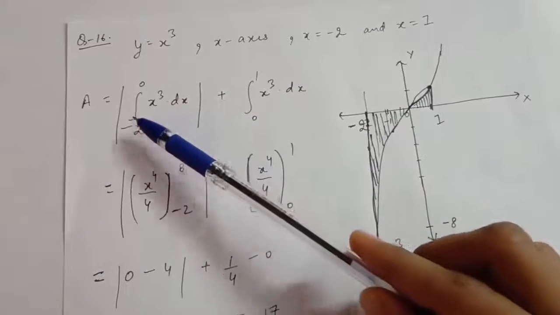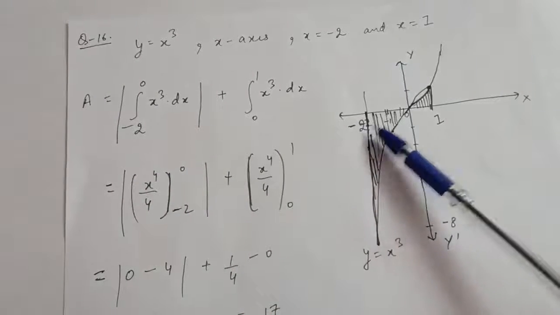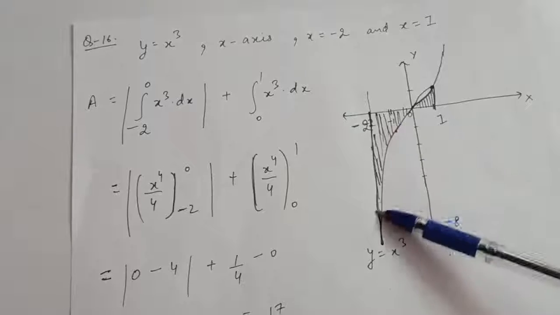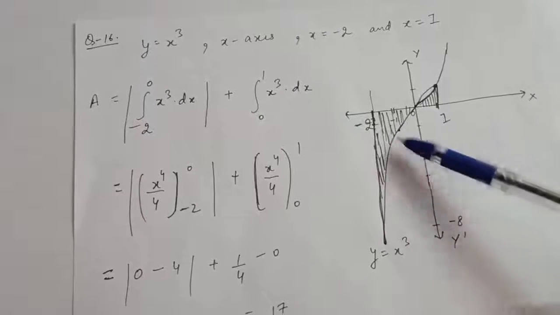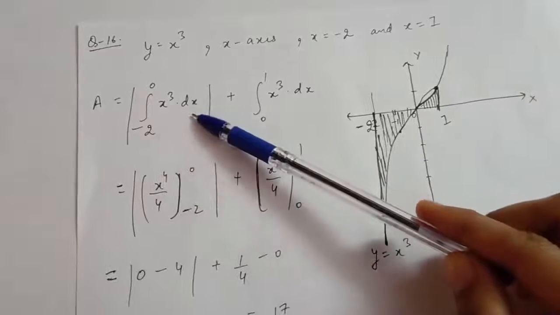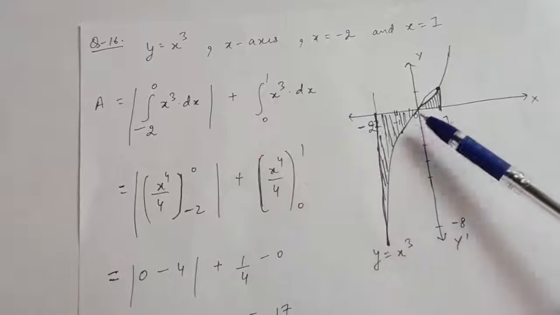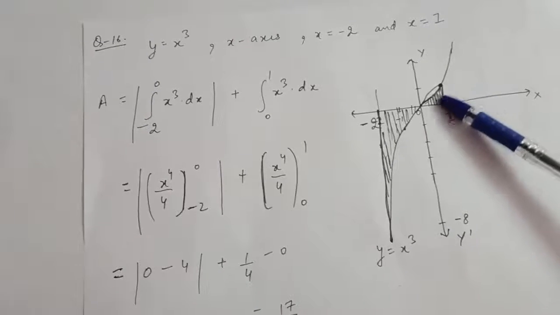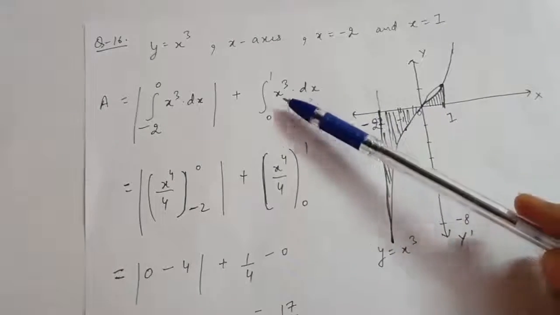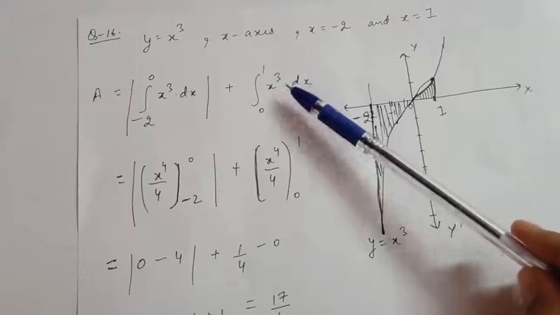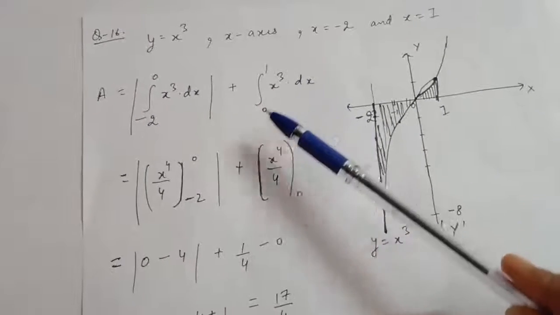Now integral from the limits -2 to 0, the region lies below the curve y is equal to x cube. So write down x cube dx, plus from the limit 0 to 1, the area lies below the same curve x cube, but here we will not take the absolute value as the value of this integral will be positive only, right?